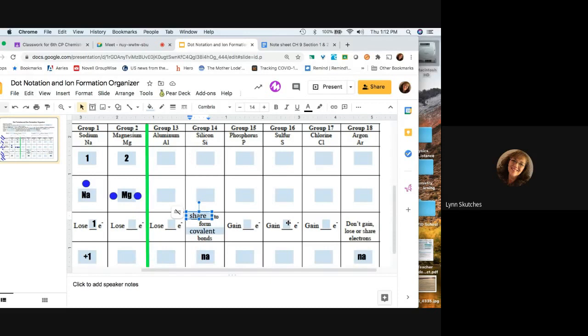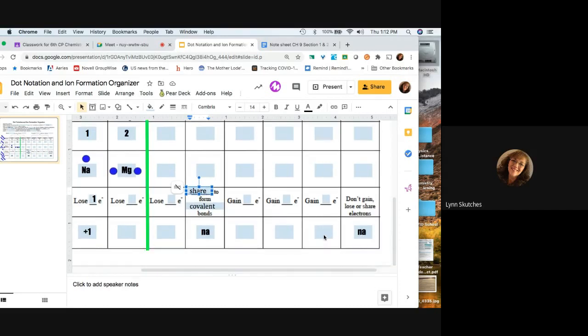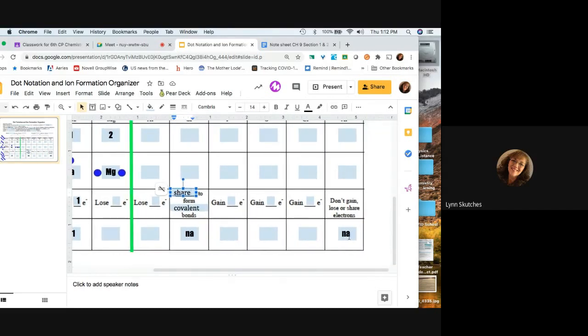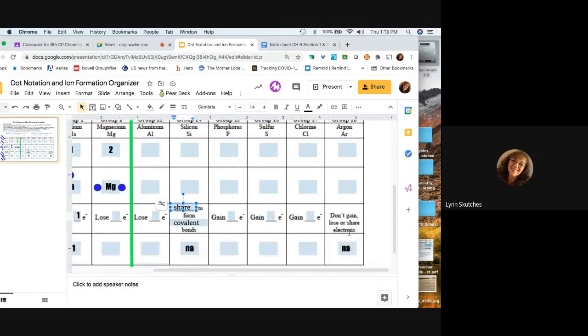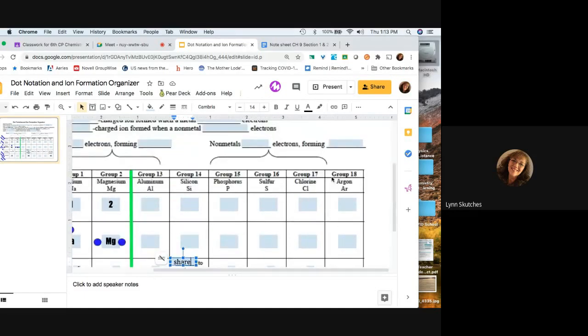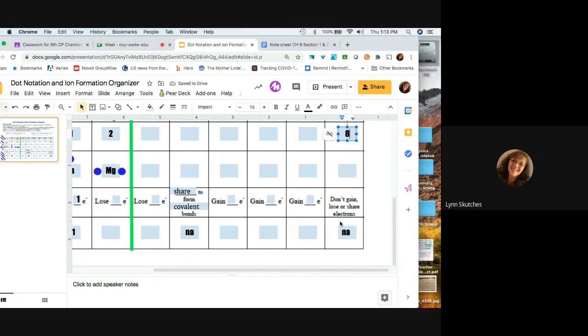Oxygen's family, like sulfur, gains 2 more to get an octet because they have 6. Halogens have 7, so they gain 1 more. And then, of course, the noble gases have 8. They don't gain, lose, or share because they're already happy atoms. They have their octet.